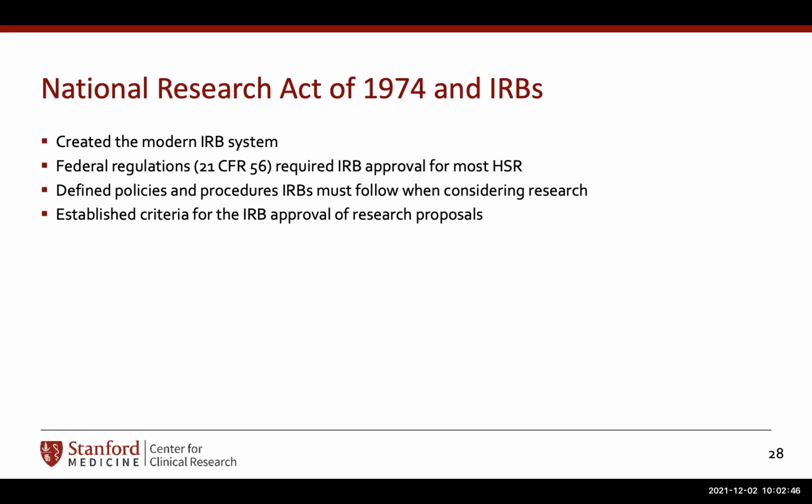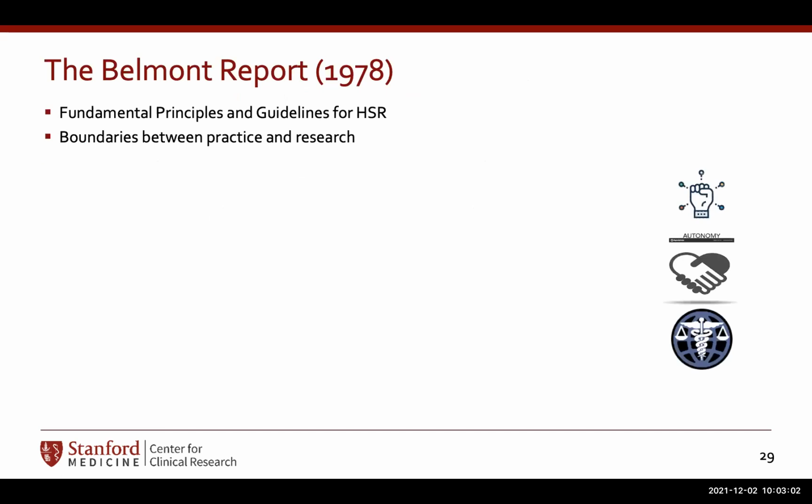They defined problems, issued recommendations, and published numerous reports before the final Belmont Report was published in 1978. So again, these are fundamental principles and guidelines for human subject research, setting boundaries between practice and research.